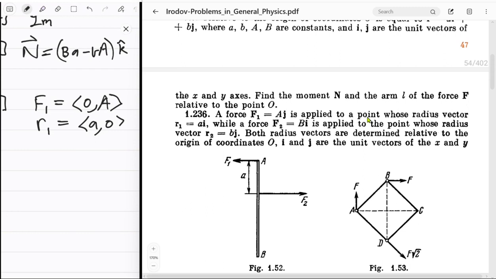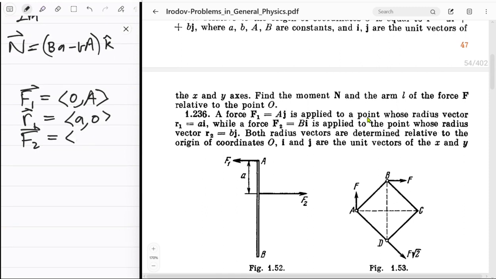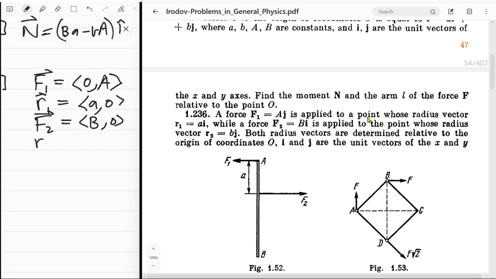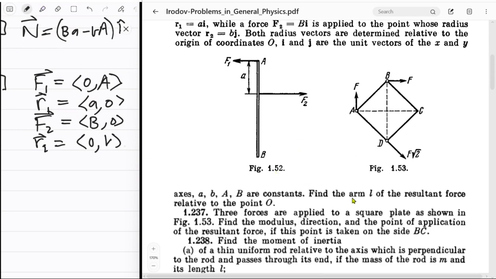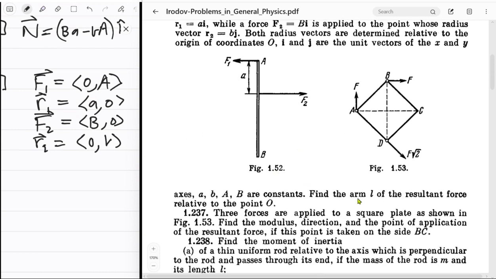These are of course vectors, and a force F2 is equal to B comma 0 is applied to a point whose radius vector is R2. Both radius vectors are determined relative to the origin of coordinates. Find the arm L of the resultant force relative to point O. No big deal.